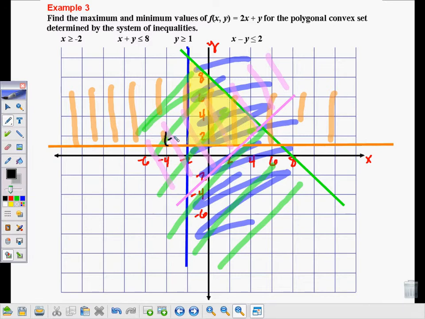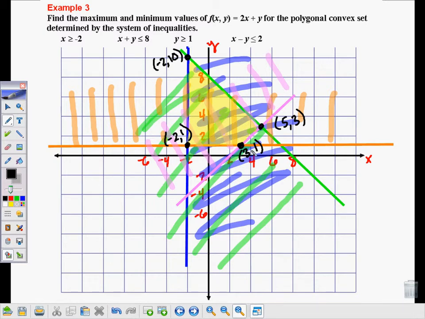All right, so I've got -2, 1. I've got -2, 10. Notice I counted by 2's on each of the axes. I've got 5, 3. And I've got, let's see, what is that? 3, 1. So I've got 1, 2, 3, 4 points, 4 vertices.